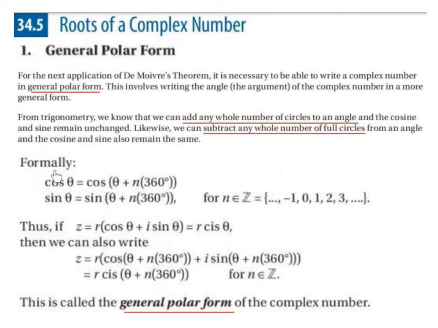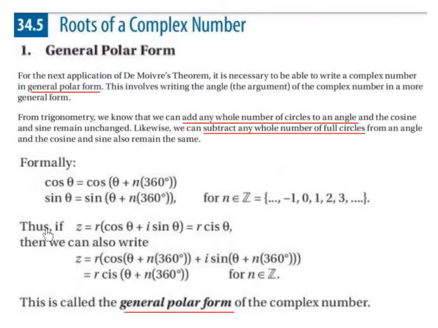Formally, cos theta is equal to cos of theta plus n times 360 degrees, and sine theta is equal to sine of theta plus n times 360 degrees, for n an element of the integer set. So from minus infinity to minus 1, 0, 1, 2, 3, and on to positive infinity. So just not for rational numbers or complex numbers.